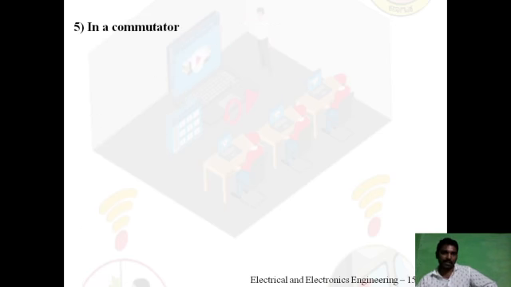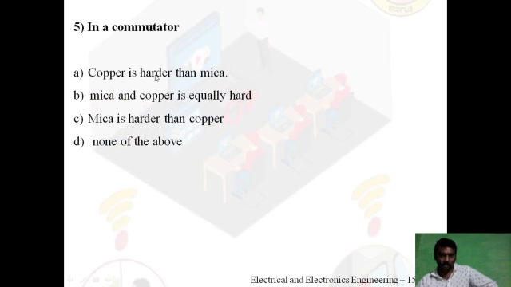Next question: in a commutator, copper is harder than mica; mica and copper are equally hard; mica is harder than copper; and none of the above. In a commutator, the insulation material used is mica. Based on that, we can tell that mica is harder than copper, because the insulation material used is mica, which protects from cascading failure of the commutator and the brush assembly.